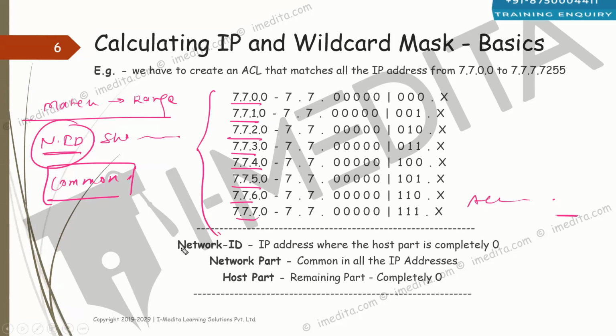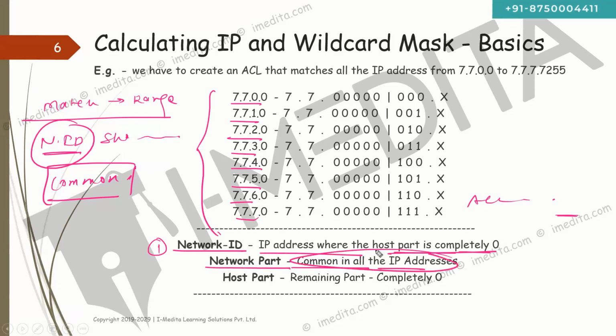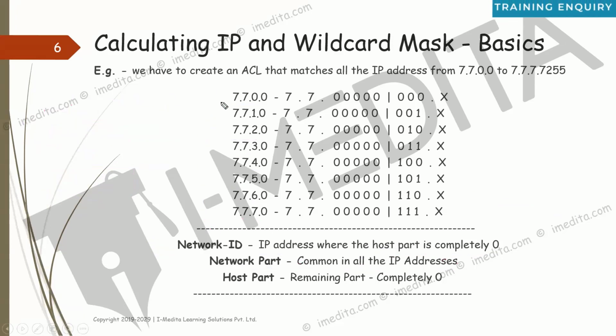By the definition, what is the network ID? Network ID is the IP address where the host part is completely 0. In a set of prefixes, network ID is the part that is common in all the prefixes. The network part in this range is the part that is common in all these prefixes.